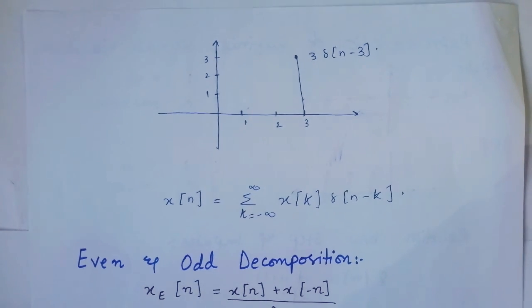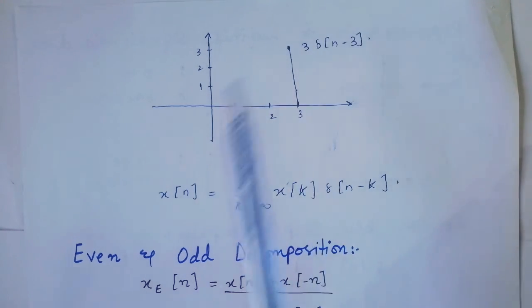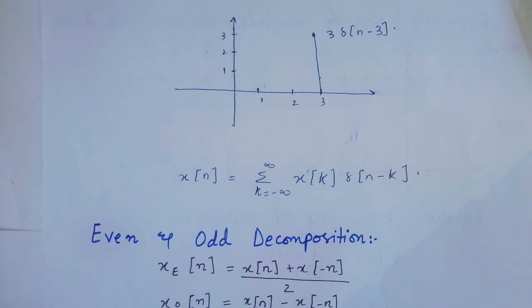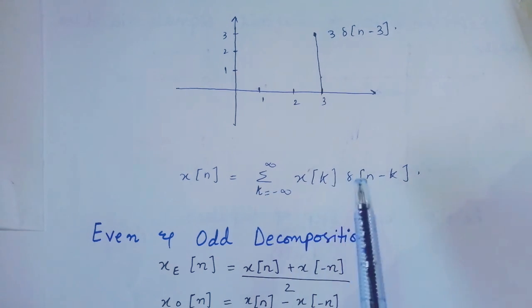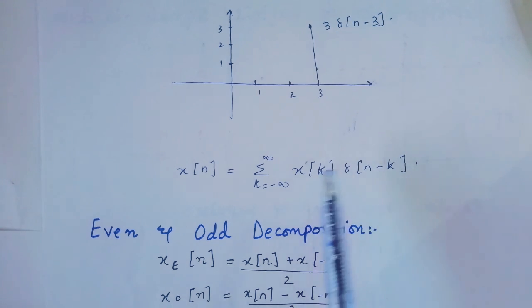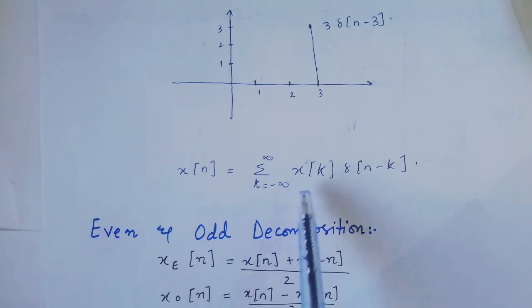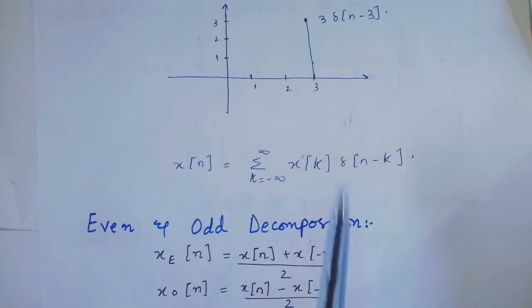Same as here, 3 delta of n minus 3. We get the value at 3 and amplitude of 3. So that's how we split our function in the impulse form. We can write it as here, the same thing, x of k into delta of n minus k, and we do its summation. That's how we get our original signal.